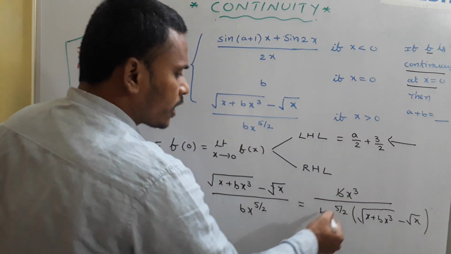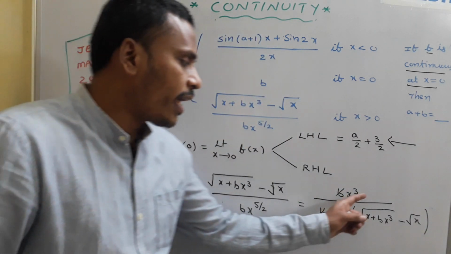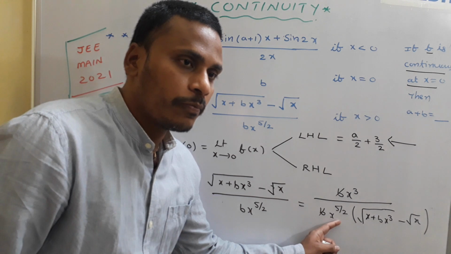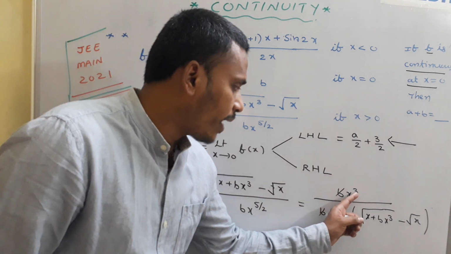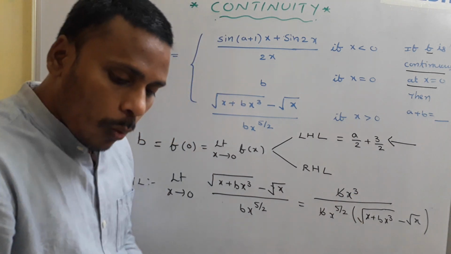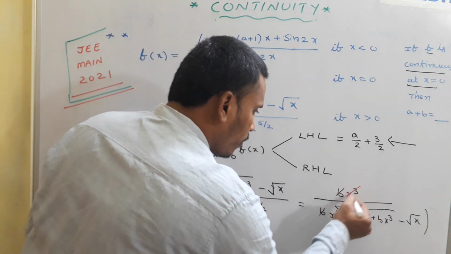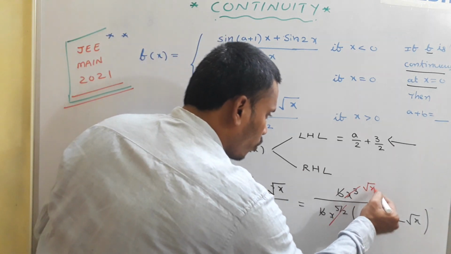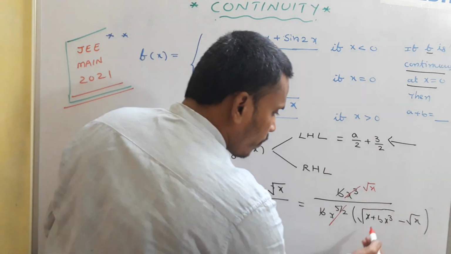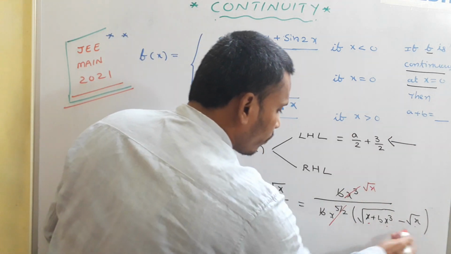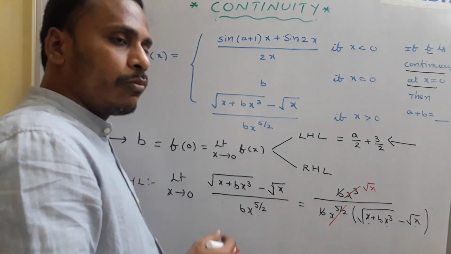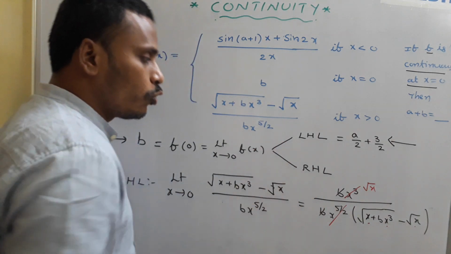Just simply cancel out b and b, and this is x cube and this is x power 5 by 2. When you cancel this out, you are left with one more root x in the numerator, because x power 5 by 2 against x power 3 is x power 6 by 2, so you are left with root x. In the denominator, from these two terms you collect one more root x and cancel those two.